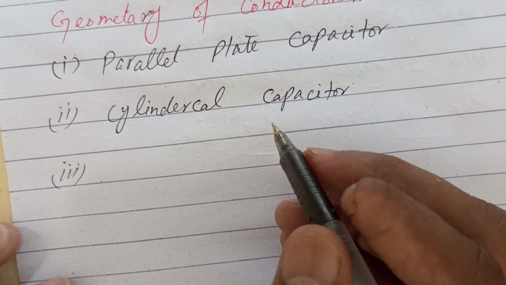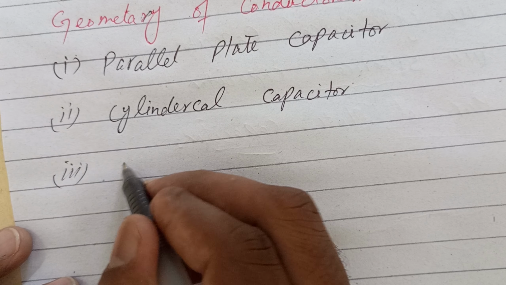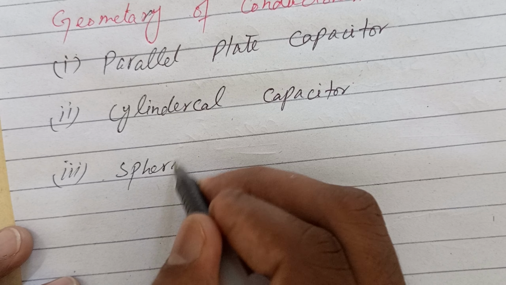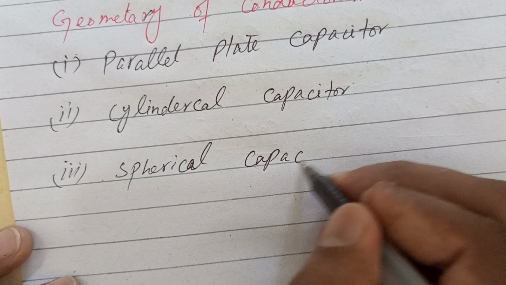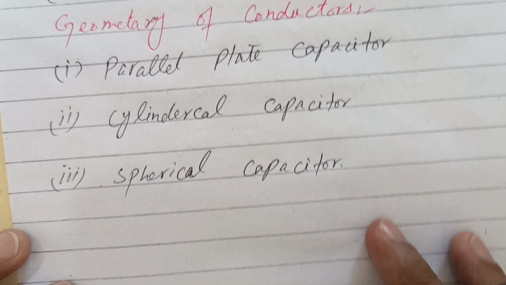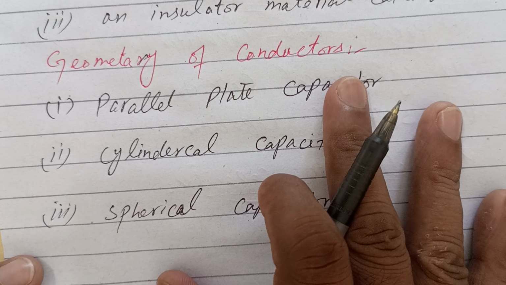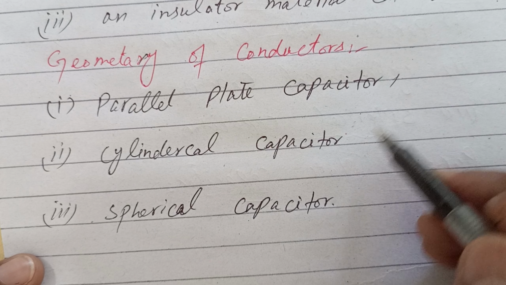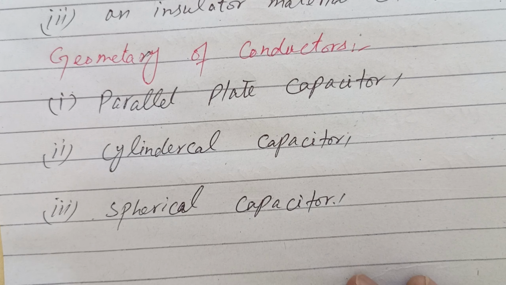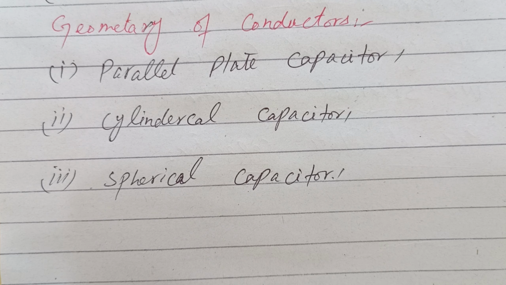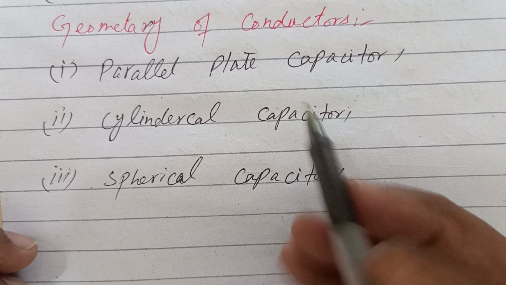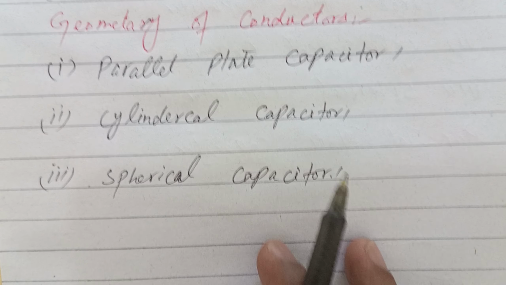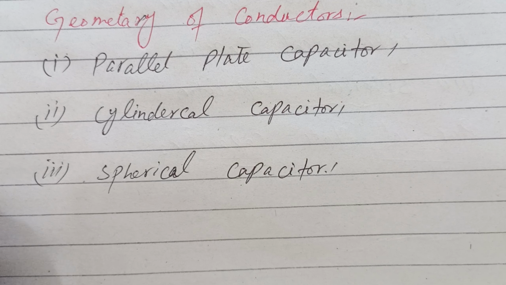And if the conductors are in the form of sphere, we name that capacitor as a spherical capacitor. So depending upon the geometry of conductors, we can name a capacitor according to the geometry. And the ability of a capacitor to store charge depends upon the geometry, which we shall discuss later.